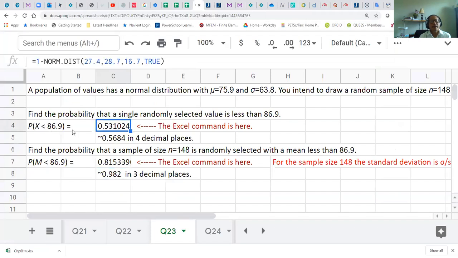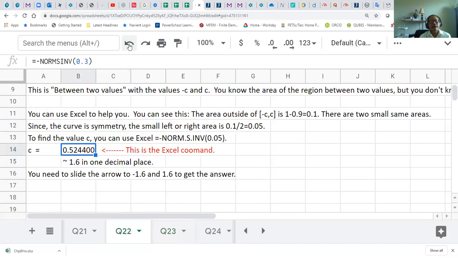Because the problem is greater than. Yeah, maybe I need to put back here. Okay.